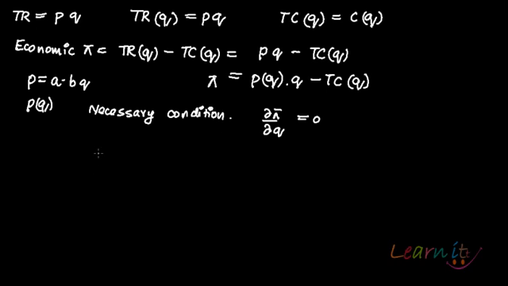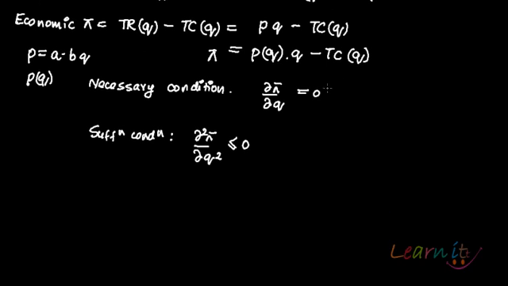The sufficient condition for maximization is del 2 pi by del Q2 less than or equal to 0. Let us see whether these conditions hold here or not.